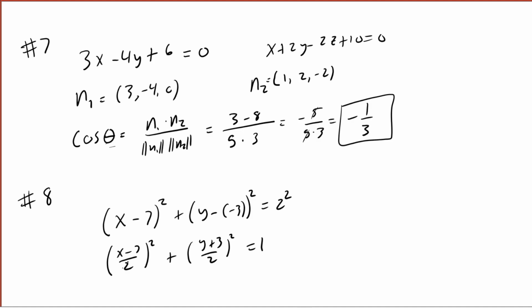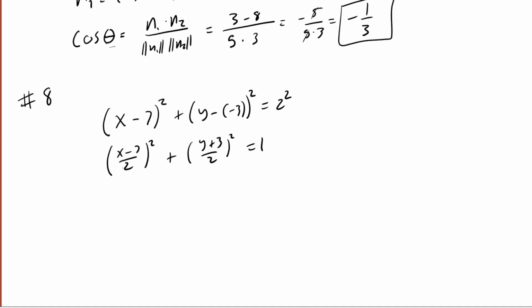So I have something squared plus something squared equals 1. This should remind you of sine squared plus cosine squared. So I'm going to set this equal to cosine and set this equal to sine. So I have cosine t is x minus 7 over 2, and sine of t is y plus 3 over 2.